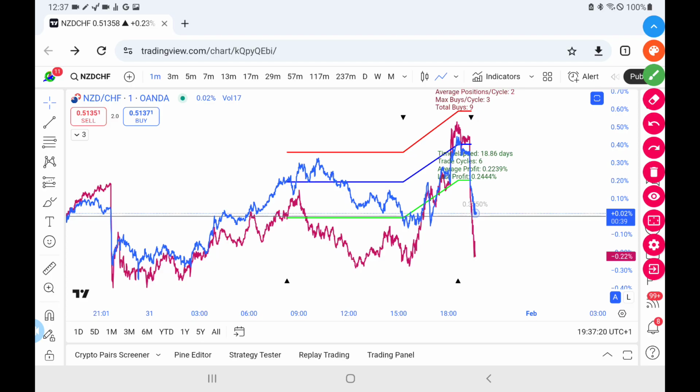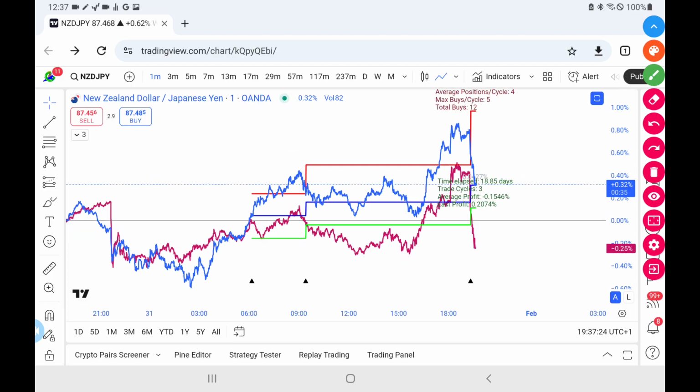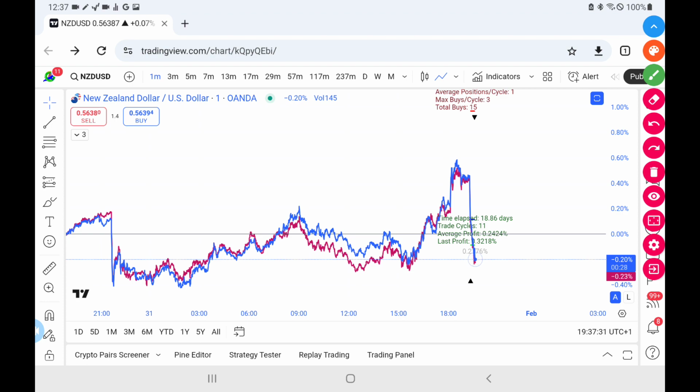These are trending together. Also correlating. Definitely correlating. In fact, this is a good example of just how close these two do correlate.